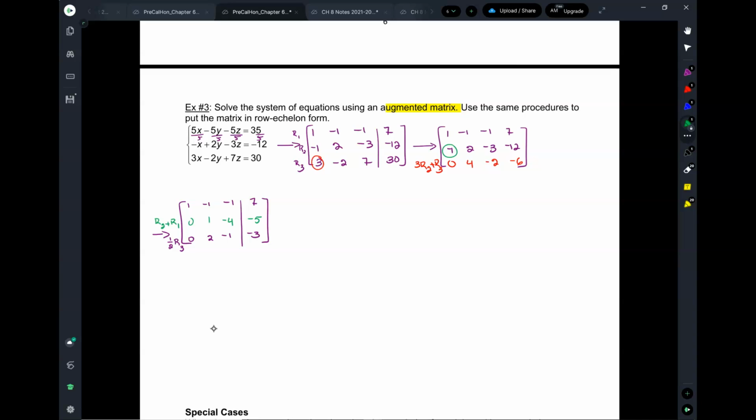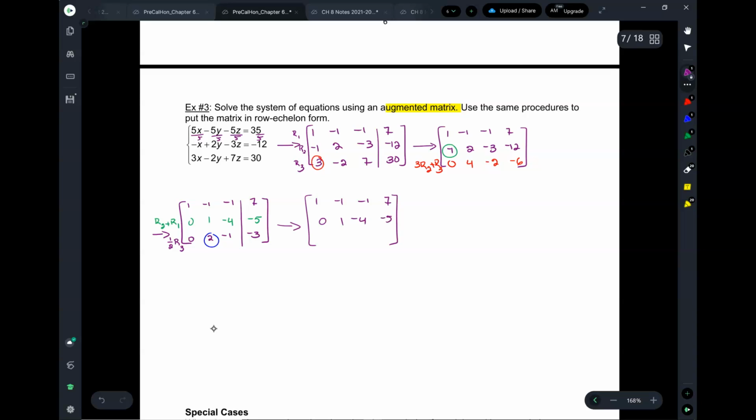So what does that get me? Now I'm in good shape. What's the next one I need to get rid of? This 2 over here. Let me copy over the other ones: 1, negative 1, negative 1, 7, and 0, 1, negative 4, negative 5.